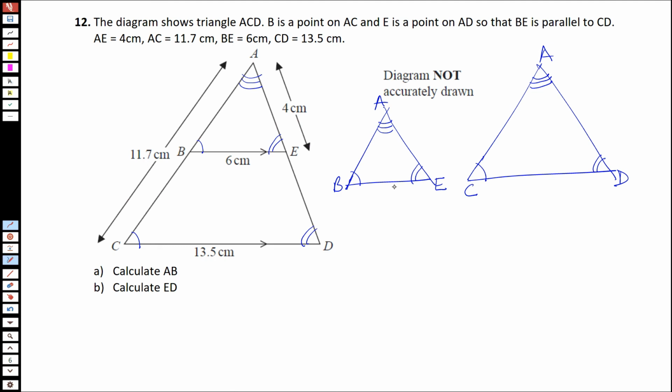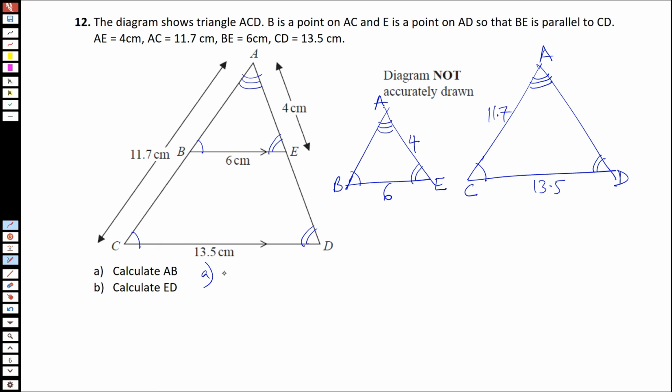We can plug in the measurements. Here we have 6, here we have 13.5. The entire length AC is 11.7, and then AB is unknown. AE is 4, so this is 4. So we can solve AB by taking the ratios of these lengths.